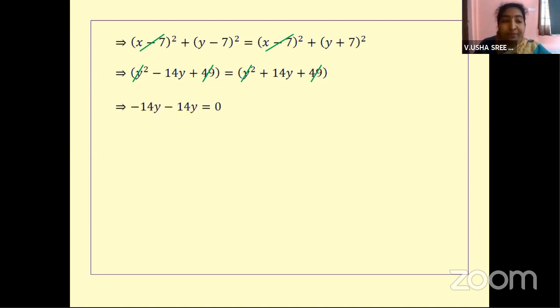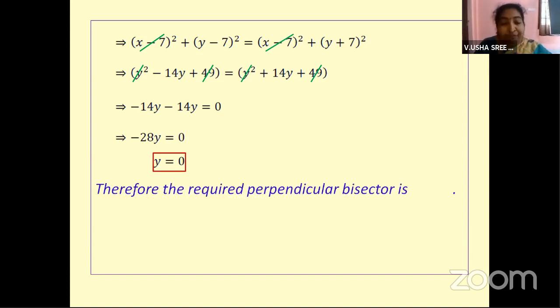Then get all the terms to one side. You will have it as minus 28y equal to 0. That is y equal to 0. What is y equal to 0? It is nothing but equation of x-axis, isn't it? So therefore, the required perpendicular bisector is y equal to 0.